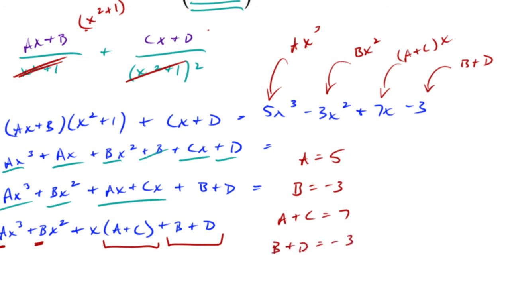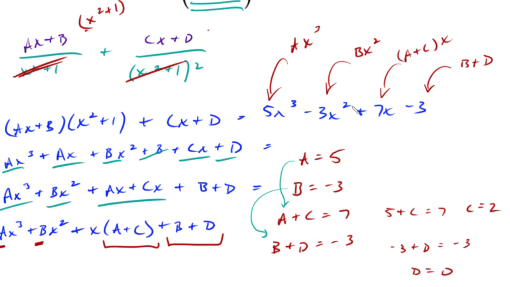And this is just a simple plug in what you know. A is 5, so I'm going to plug that in right here. And b is negative 3, so I'm going to plug that in right there. So you're going to get 5 plus c is 7, so c is equal to 2. And then negative 3 plus d is equal to negative 3, so d has got to be 0.